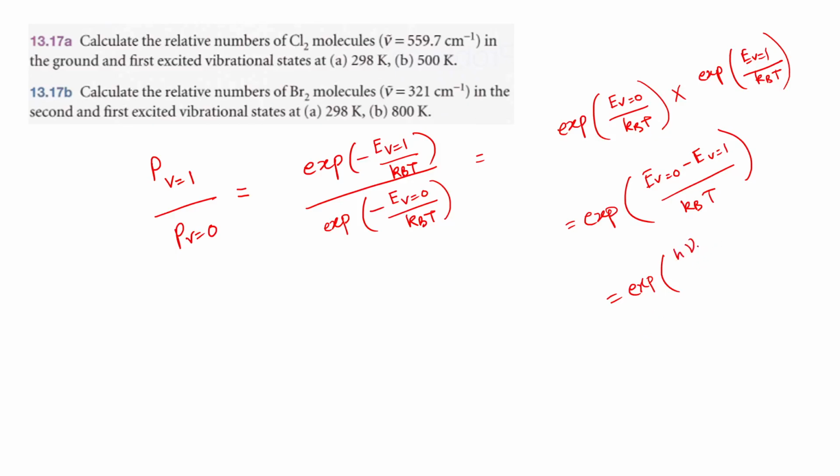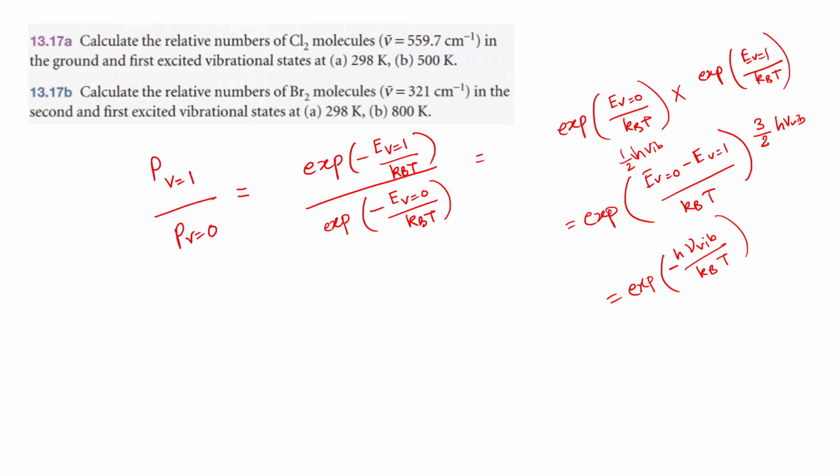We already know, right? h nu by kBT. So it will be minus, because the v equals 1 state has a higher value: this is going to be 3 by 2 h nu, and this is going to be 1 by 2 h nu. So here this is going to be minus h nu.